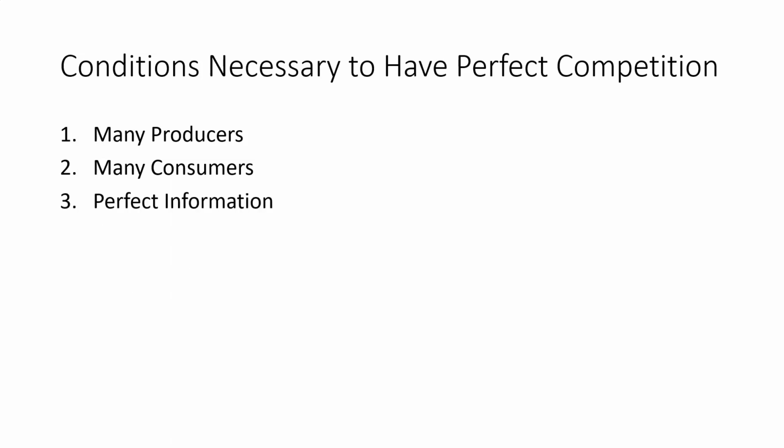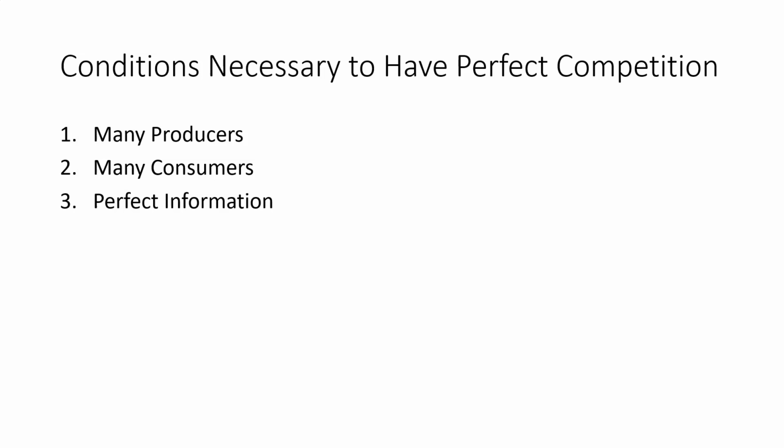The third characteristic is that there's perfect information. By perfect information, we mean that everyone in the market knows everything about the product. Producers know everything, all the different ways there are to make the product. No individual firm has any specific knowledge or power. This makes sure that we produce at the lowest price.